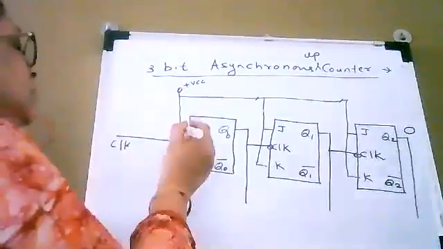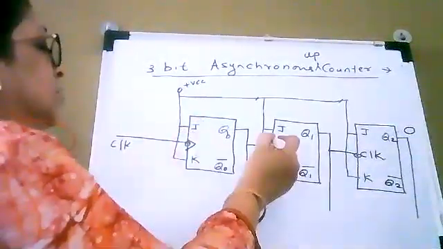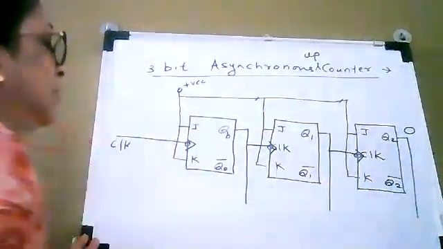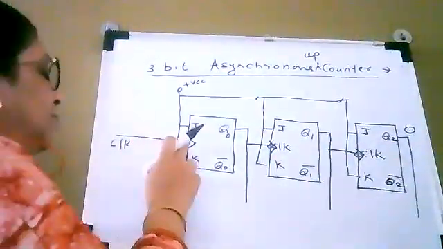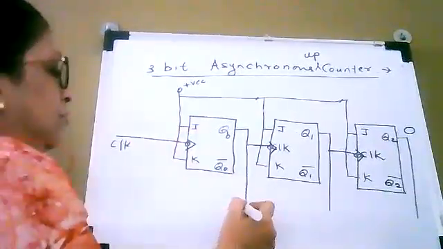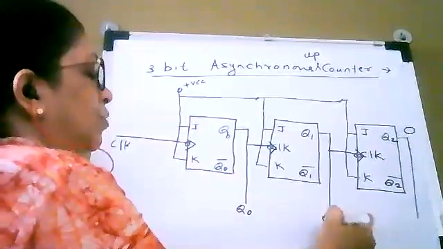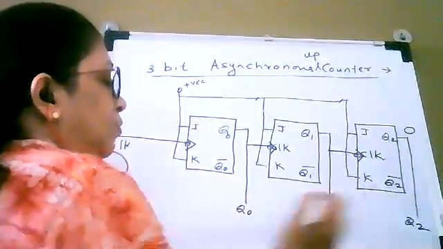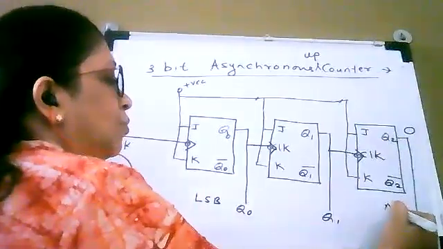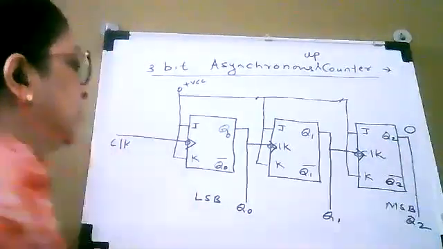So here we are going to use edge triggered flip-flop, negative edge triggered flip-flop, and for that reason I have drawn a bubble and edge here. So this is Q0 output, Q1 output, and Q2 output. Q0 output is LSB, Q2 output is MSB.